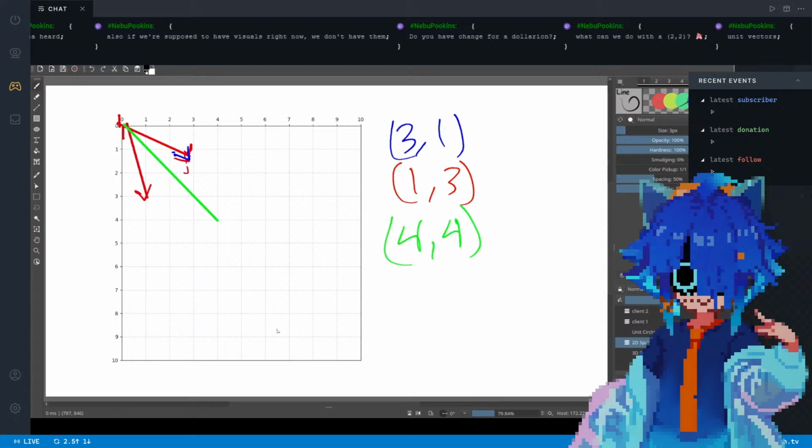Follow-up observation. How does 4, 4 relate to the other 2 vectors? Well, if we take our little blue vector and we move him to the tip of the red vector, he will look something like this.